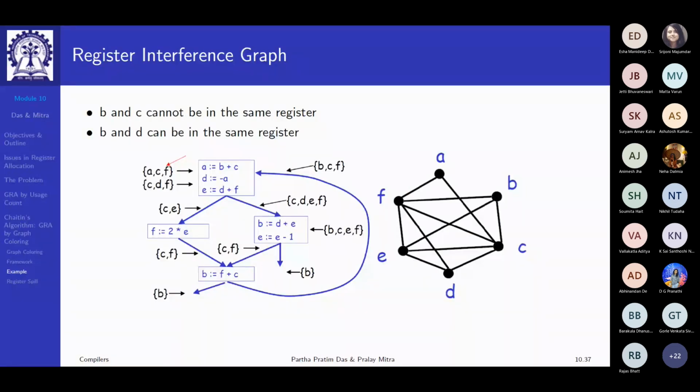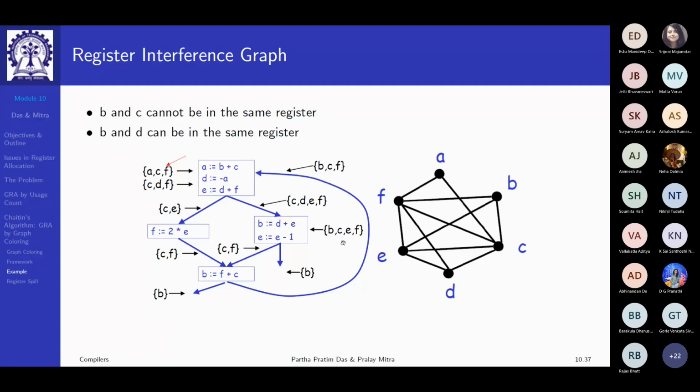Now, there are 6 variables, so there are 6 nodes, A, B, C, D, E, F. You can see that in no set do A and B occur together, so there is no edge between A and B. Whereas here, let's say B, C, F, B and C occur together. So we'll have an edge between BC, CF, and BF. We'll have a clique in that.